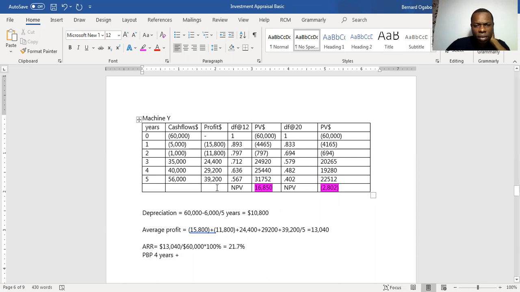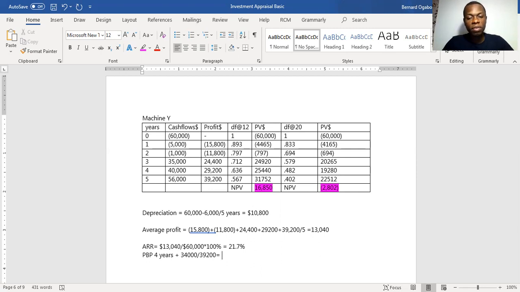So I need 34,000 out of 39,200. So I'm going to say plus 34,000 divided by 39,200. How did I get 34,000? I have 60,000 minus 26,000, which I already have in hand at the end of year four.